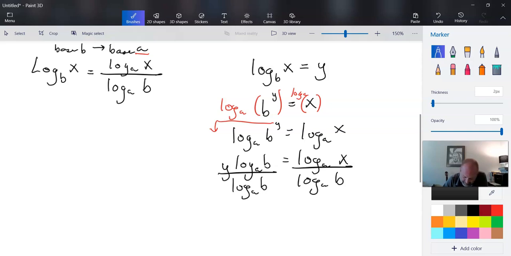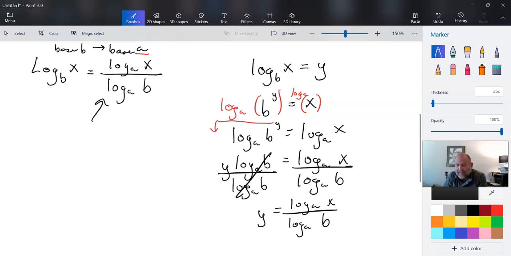And you notice that's the right-hand side of this thing. These guys cancel, and I end up with y is equal to log base a of x over log base a of b. And so now we've just converted it to log base a.